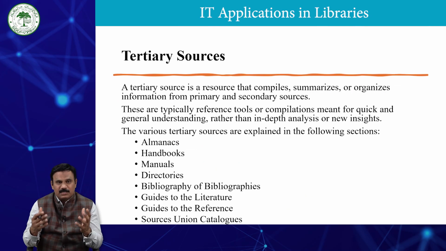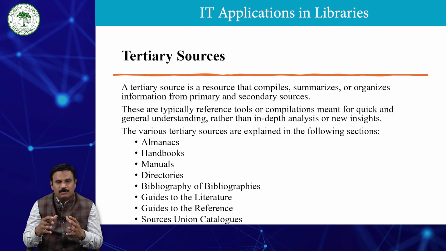And the next one is tertiary sources. A tertiary source is a resource that compiles, summarizes, and organizes information from primary and secondary sources. These are typically reference tools or compilations meant for quick and general understanding rather than in-depth analysis of new insights.